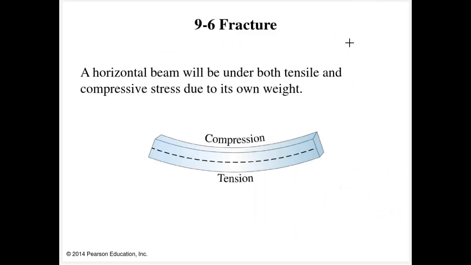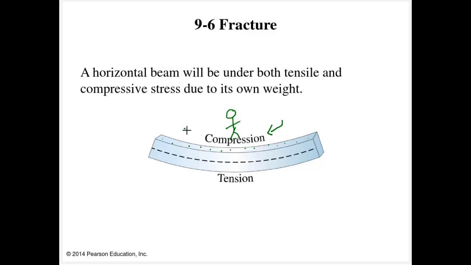If we look at a horizontal beam, it might tend to sag even under its own weight, or you could even imagine somebody walking on top of that horizontal beam. A horizontal beam is actually going to undergo both tensional stress and compressional stress. If you think about all of the atoms of this beam right here, they're being squished together from the neighboring atoms.